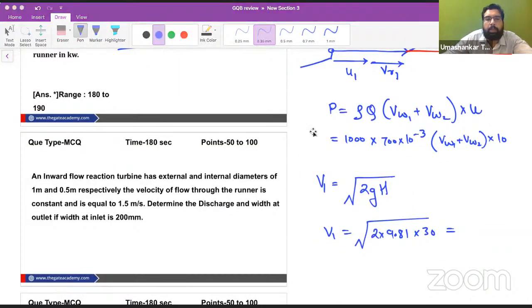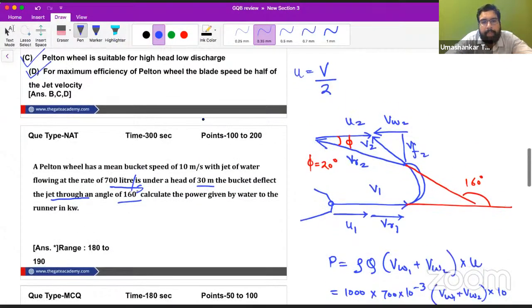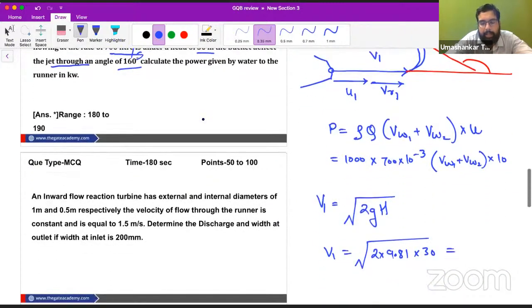Since Cv is not provided in this question, we can consider it as 1. So V1 is root of 2 into 9.81 into 30.